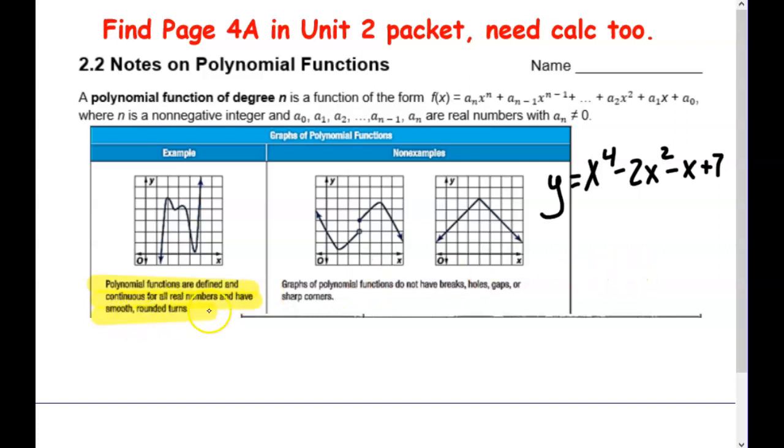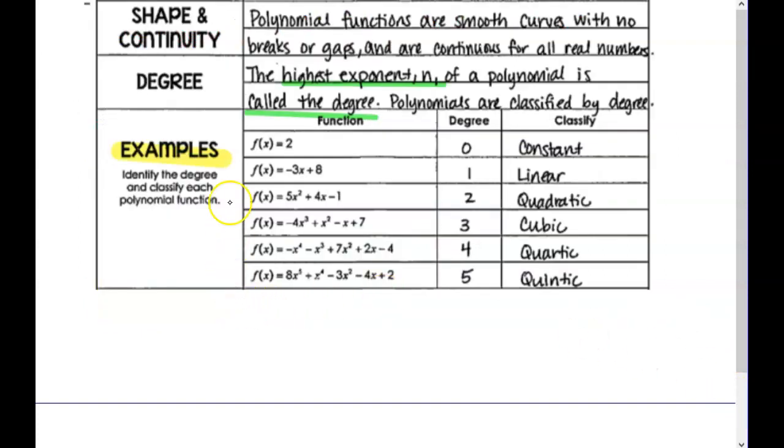When you graph a polynomial, it is continuous for all real numbers and it will have smooth rounded curves. So it can't have any breaks and it can't be like an absolute value graph, okay? No sharp turns, gaps, holes, then it's not a polynomial graph. Polynomial functions are smooth continuous curves with no breaks or gaps.